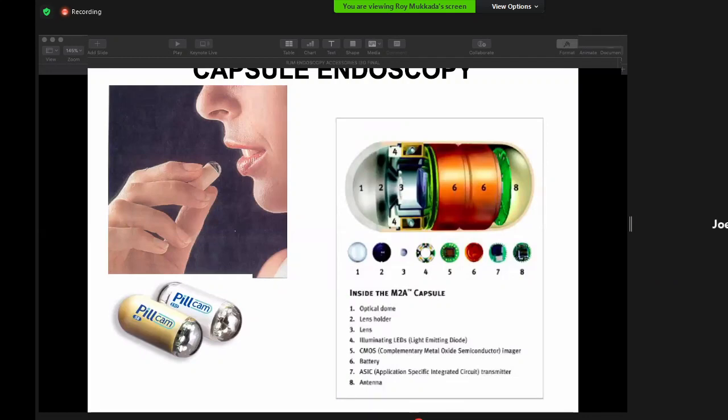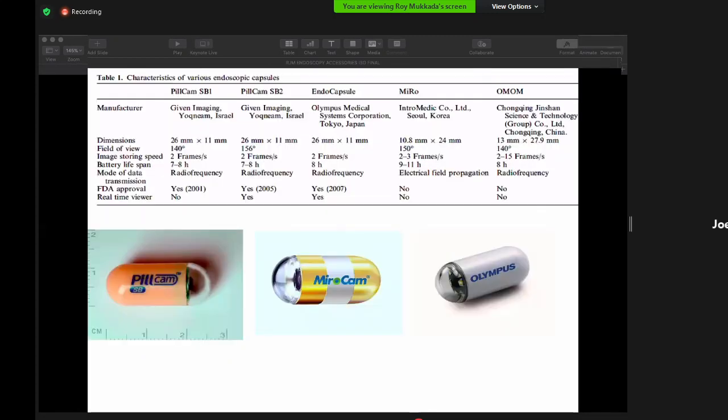Basically, it is used in cases of obscure GI bleed, when the patient presents with either overt or obscure GI bleed after you have done an upper GI endoscopy and a colonoscopy and ruled out the most common sites of bleed. To assess the small bowel, it is used as a technique to localize the site, and you can also diagnose what could be the cause. It could be ectasias, or it could be some ulcerated lesions. So basically, to diagnose; you can't do any therapeutic procedure, but the diagnostic yield is good.